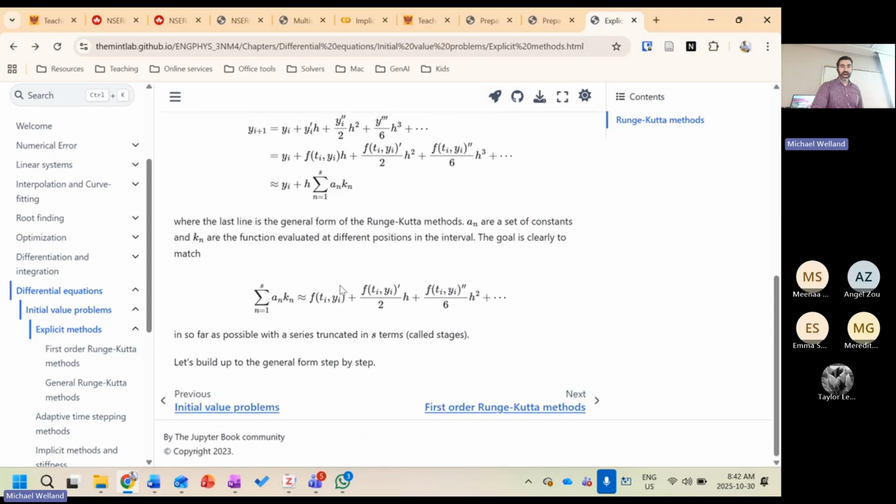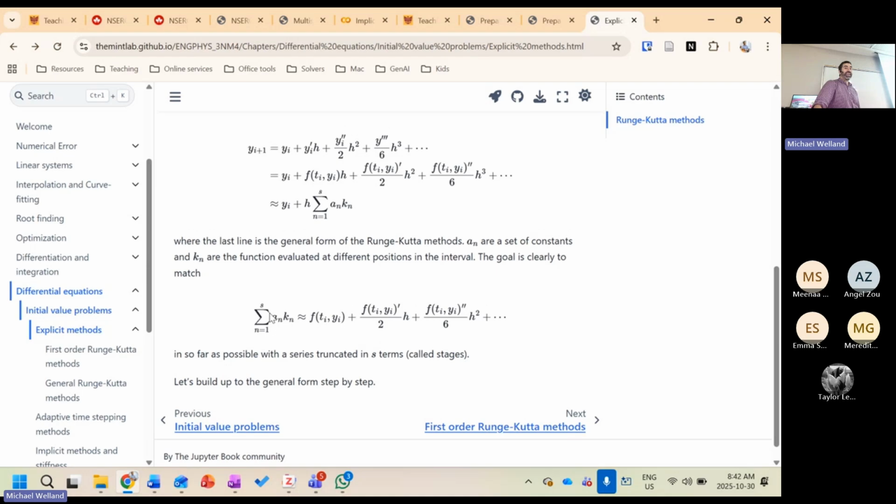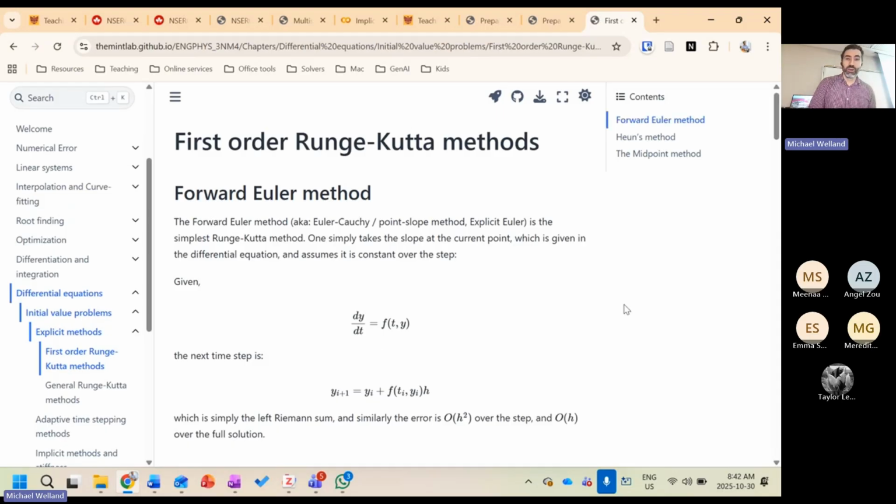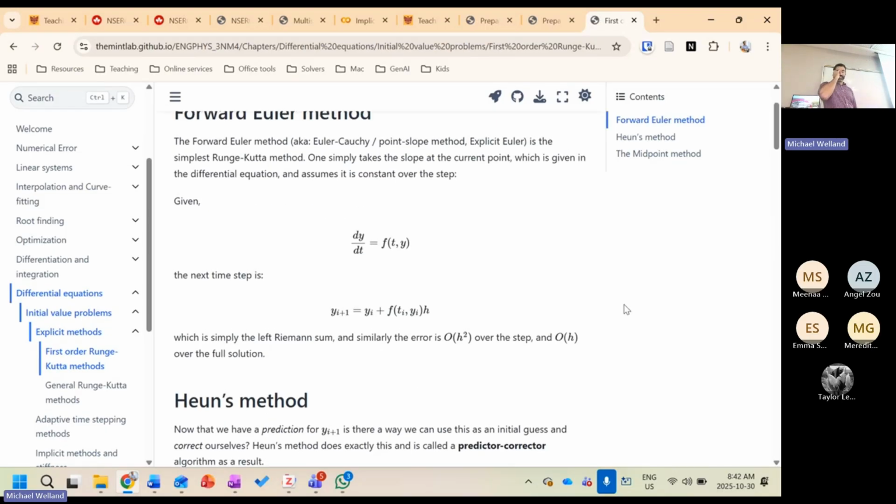Speak now or go back in your notes later. Of course, it would be exact if this sum was equal to this expansion. Then it would be exact because you've been doing full infinite Taylor. Obviously, you're not going to do infinite Taylor. First order Runge-Kutta looks like this. It's called the forward Euler method.